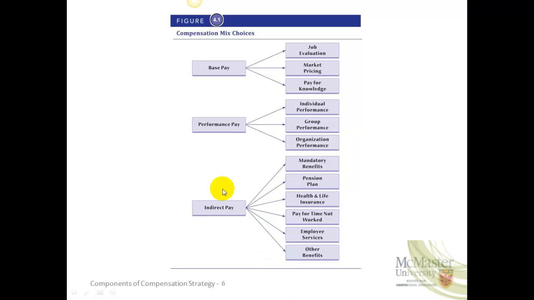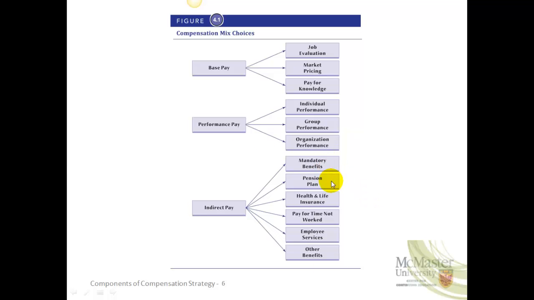Indirect pay, again, is one of those compensation mix items that most companies have for employees, and that would look at your mandatory benefits, which are things like Canada Pension Plan entitlements, because you and your employers contribute to that, and Employment Insurance. Those are what we consider mandatory benefits.